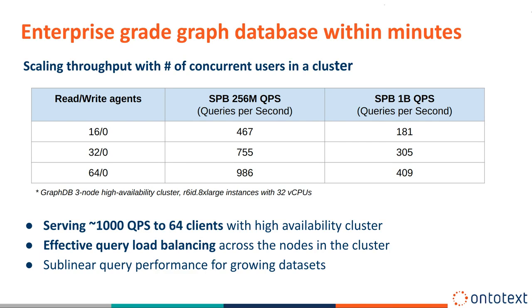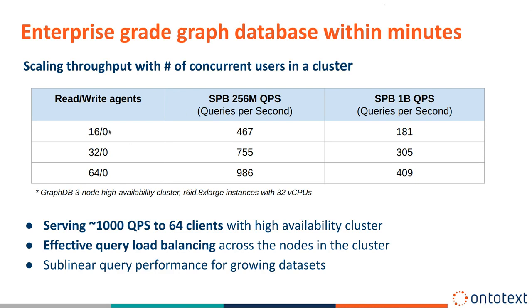We wanted to showcase that we can provide high availability and fault tolerance at the same time, where you have scalability in terms of read queries and where you could load balance those queries to all of the instances in the available resources. Here we have an extract from the audited results with a GraphDB cluster setup of 3 nodes using the same machines that we showcased in the previous page, R6ID 8X large.